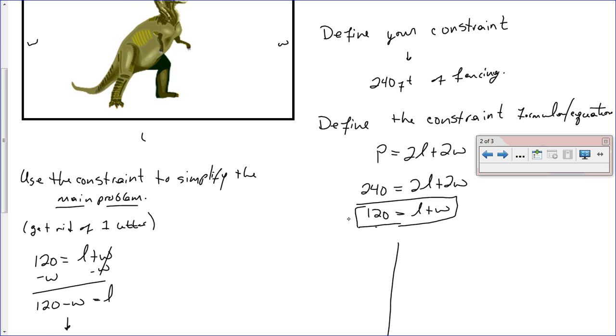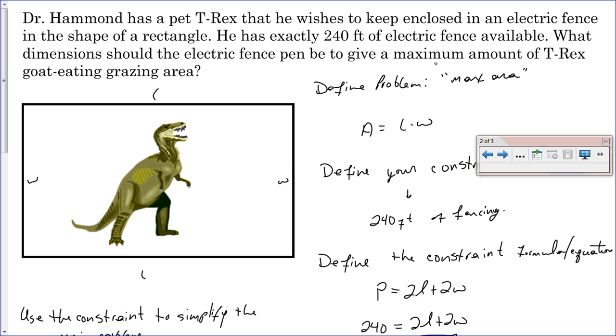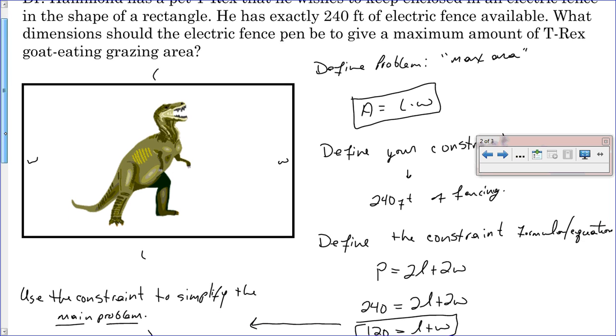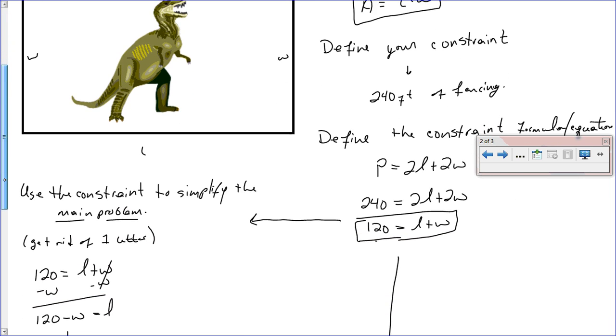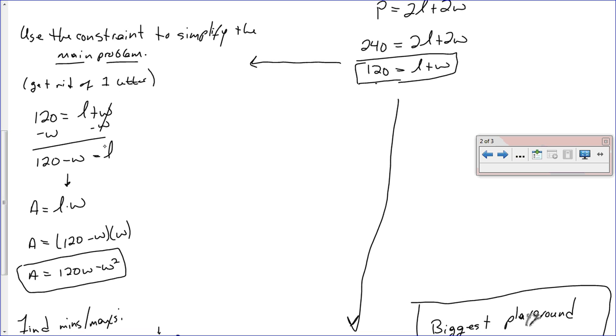All right. Now, we took that equation and went over here. Now, you use that equation and you simplify the main problem. Remember, the main problem here is maximum area. So we're going to simplify this equation using our perimeter equation that we just found, because that's our constraint. So what we do? We got rid of one of the letters.